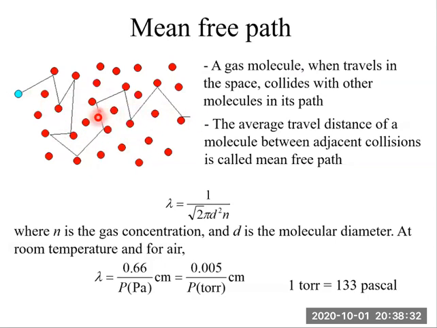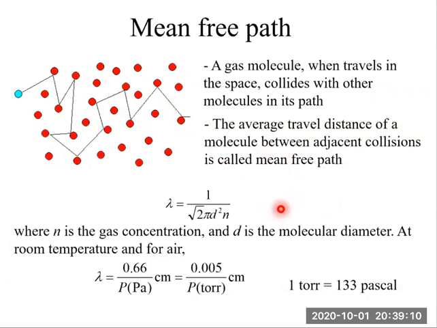The average travel distance of a molecule between adjacent collisions is called the mean-free path. So the mean-free path is simply the average value of these adjacent collision distances.